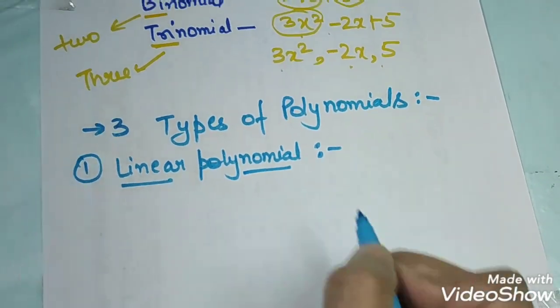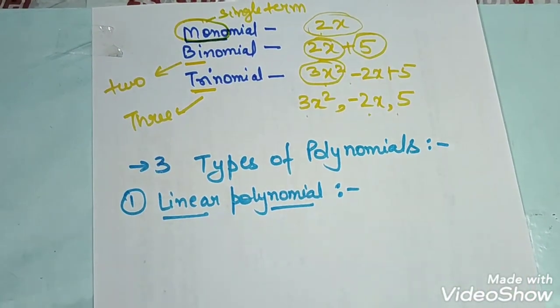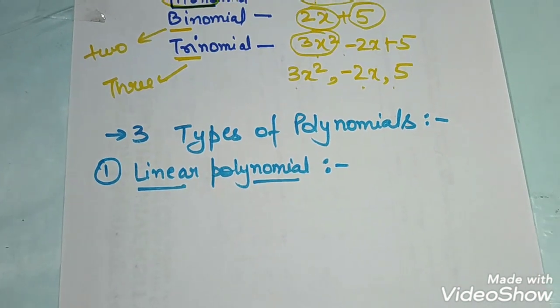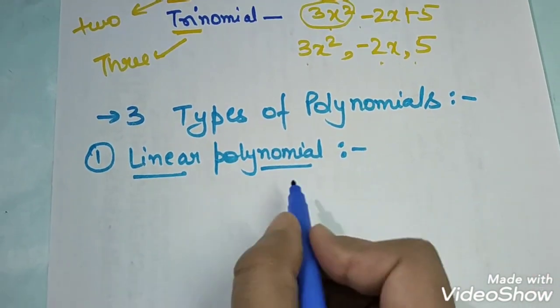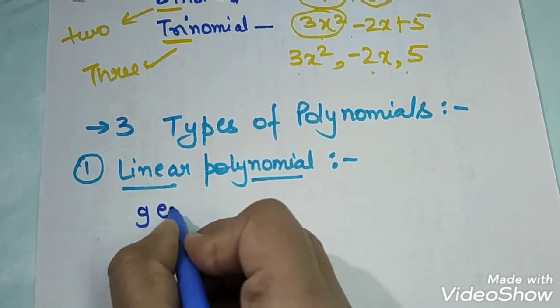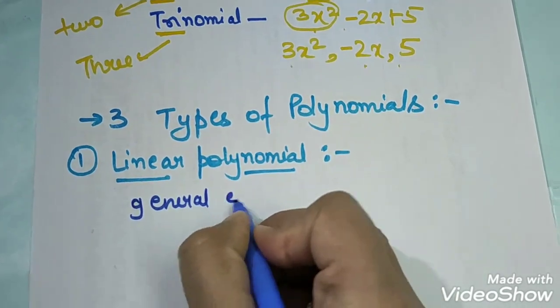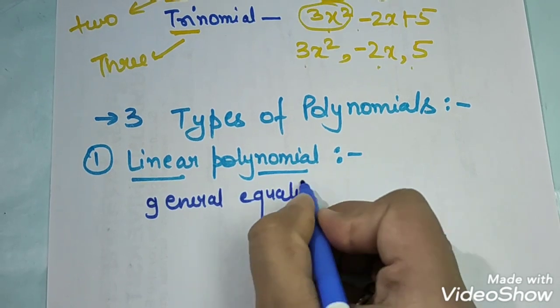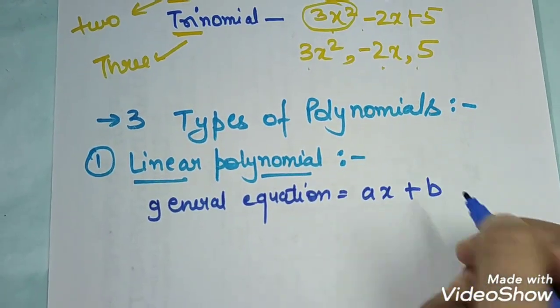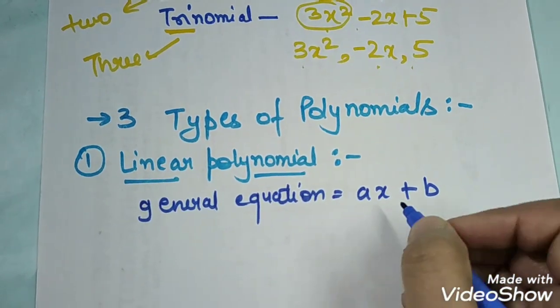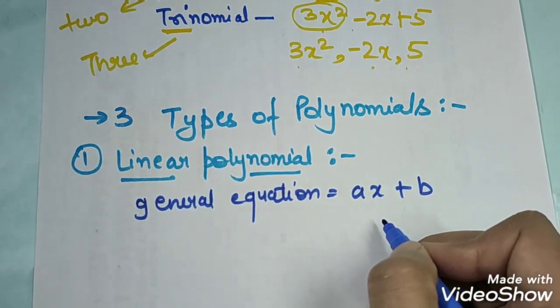So what is a linear polynomial? First let me tell you what its general equation is. The general equation of a linear polynomial is ax plus b.